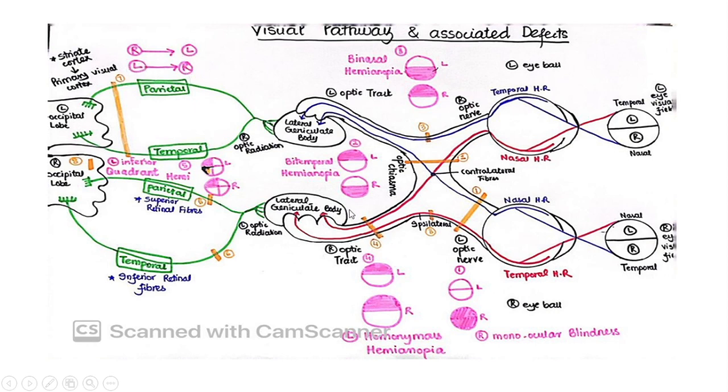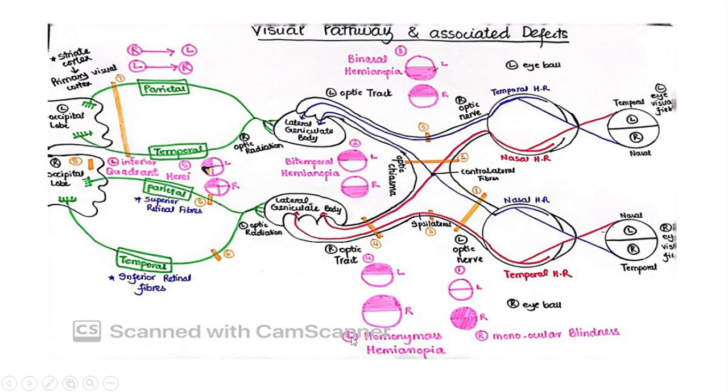So any damage on the right optic tract is going to cause the lesion on the left side, as we see here. Both the left eye visual field and right eye visual field have damage. The affected side is the left side: the left component of the left eye visual field and the left component of the right eye visual field.